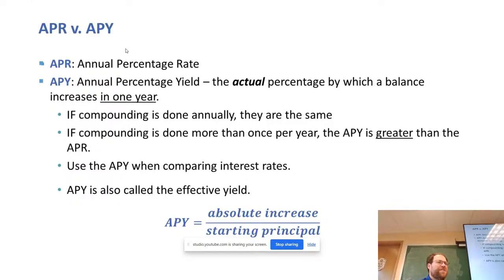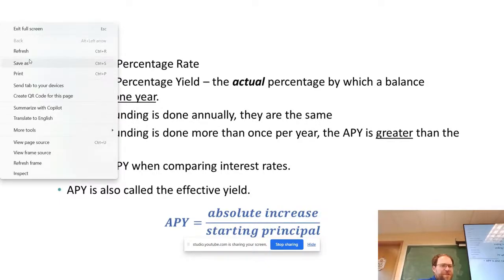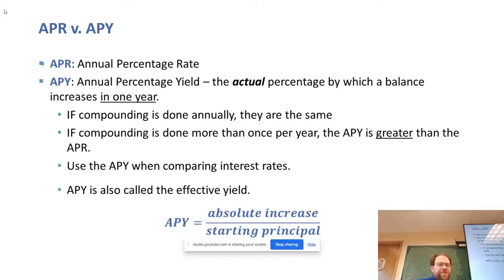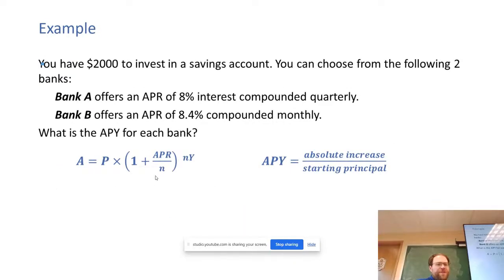But this leads into another term, APY, which is going to relate to APR, which is the annual percentage rate. Last week when we were looking at compound interest problems, we had a formula that looked like this on the next slide.